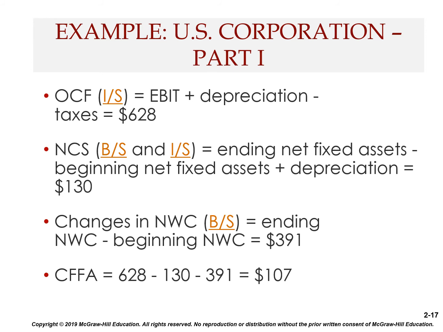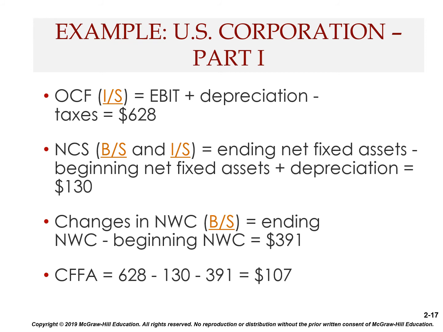Depreciation is a pure non-cash item. If we never subtracted depreciation, our earnings before interest and taxes would have been higher, and the cash flow would have been higher. So we add it back. When we subtract the 131 in taxes and add back the 65 in depreciation, our operating cash flow, that first part of cash flow from assets, is 628.